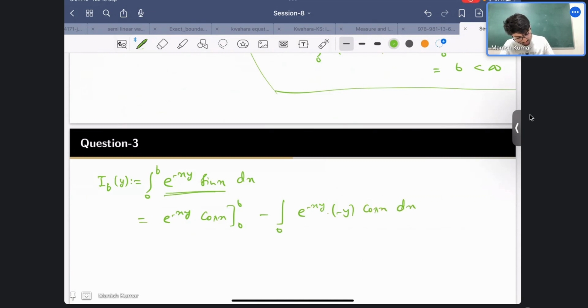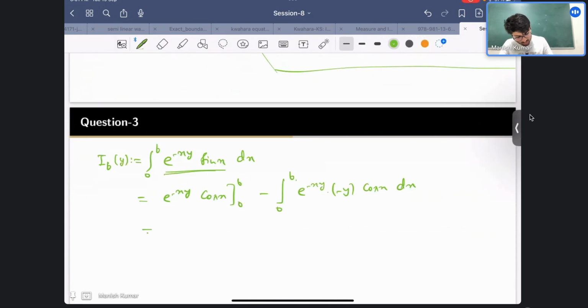Now if you put x equal to b here, you will get e^(-by) cos b, and if you put 0 you will get minus 1. And then you have this quantity.